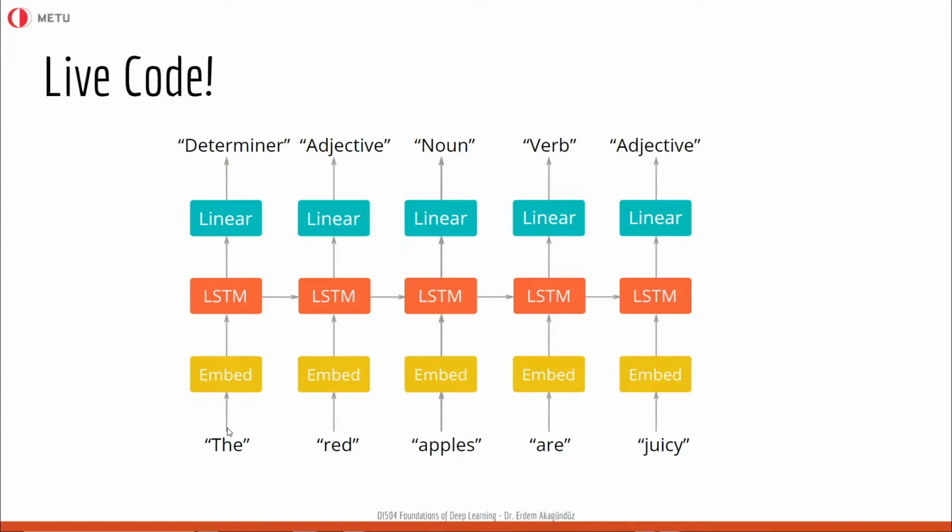Before we get into the code, get our hands dirty with the code, maybe we should ask, is this a sequence problem? Because if you ask me, is apples a noun? Well, it is a noun in any sentence. Yes. Is are a verb? Yes, I mean, it is a verb in any sentence. So maybe we should question whether this is a sequence problem or not.